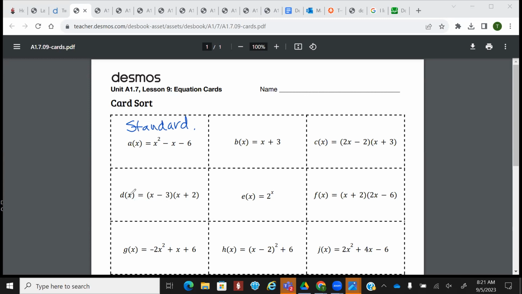This next one right here, is that factored or standard? That one's going to be factored. Okay. I want you to take a moment. I want you to see how many you can write down that are either standard, factored, or neither. This is on that second package or second packet that you picked up today. Okay. This one right here is neither.